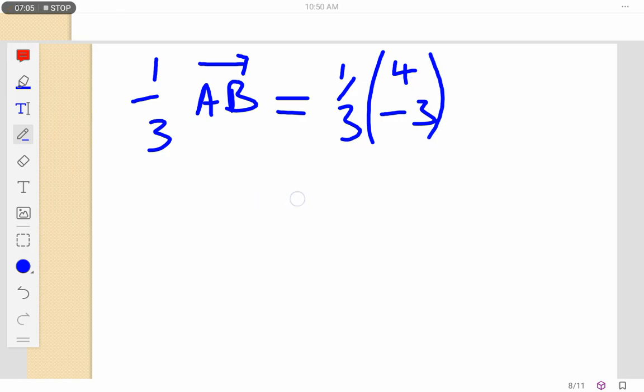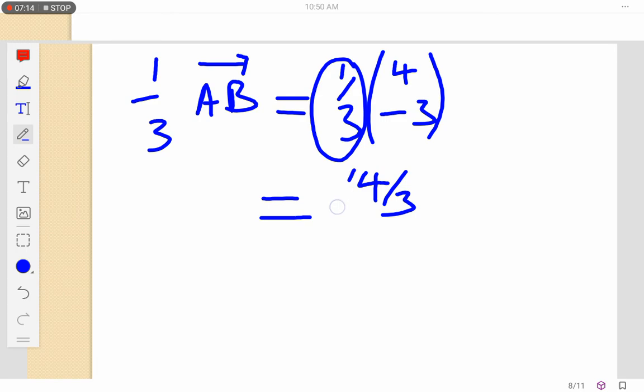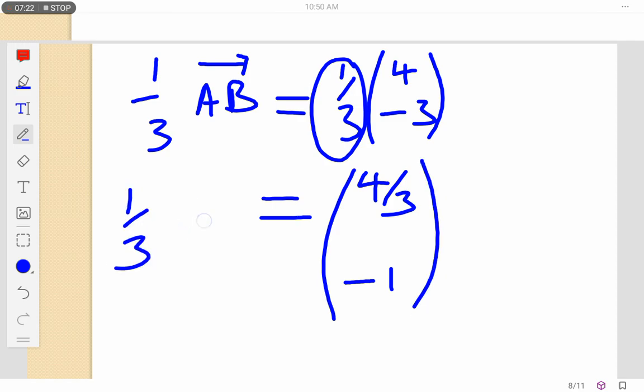Okay, like that. So we are going to multiply each item with 1/3 there. So for the first item, I'll have 4/3. The next one, -3 times 1/3, I'll get a -1. So this becomes the solution of AB with the scalar 1/3 there.